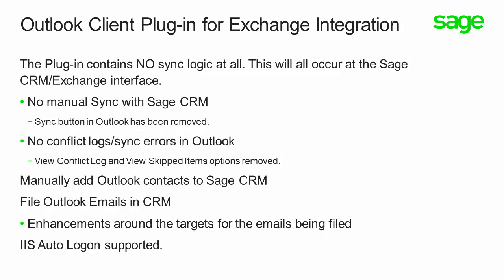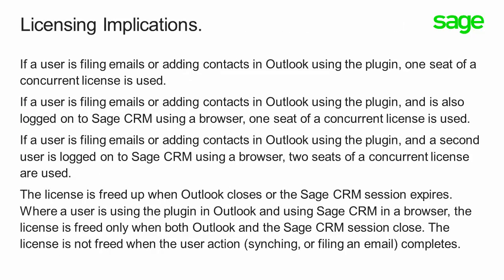That has implications for licensing. So the Lite Outlook plugin would consume a concurrent license if the user is filing emails and adding contacts in Outlook using the plugin, because obviously you're talking through to Sage CRM. But if the user then opens up the browser, so they're interacting with Sage CRM both through Outlook and also through Sage CRM's browser interface, then there's only one concurrent user license being used.